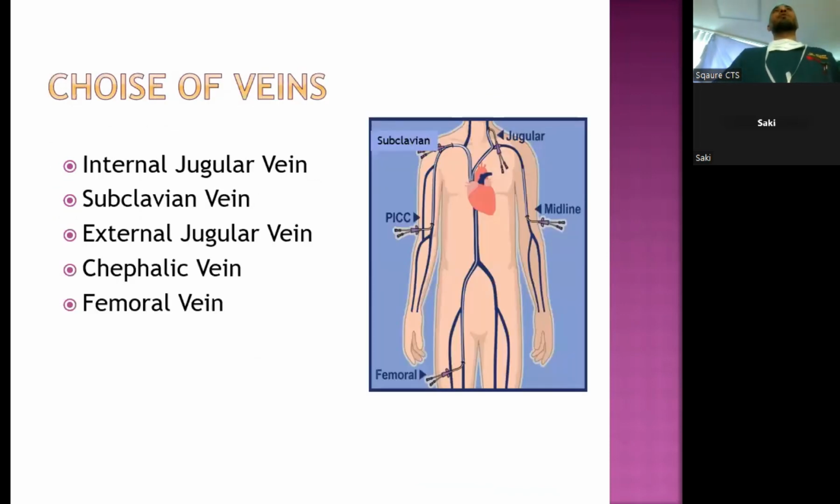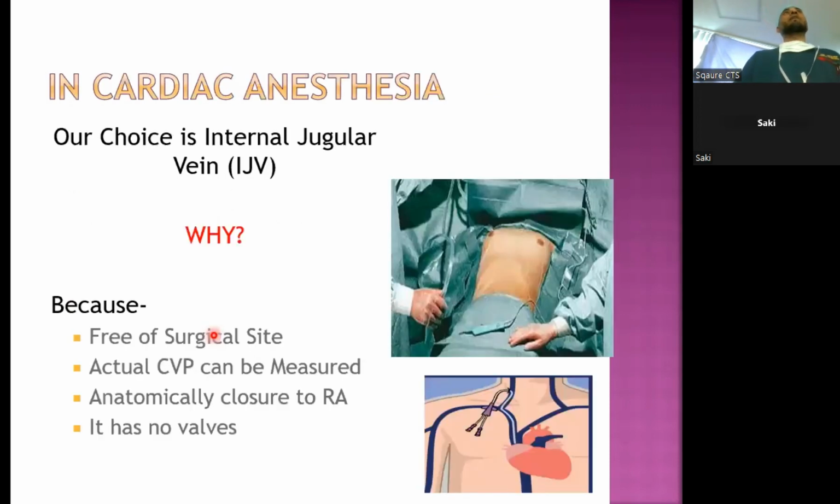Now, the choice of vein. There are a lot of veins, but the main choices are the internal jugular vein, subclavian vein, external jugular vein, cephalic vein, and femoral vein. In cardiac anesthesia, our first priority is the internal jugular vein. Why?